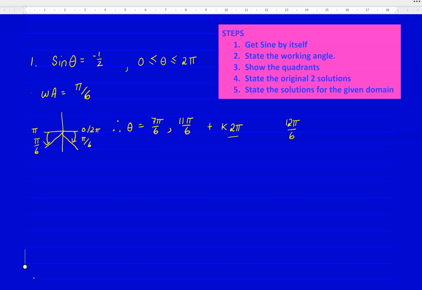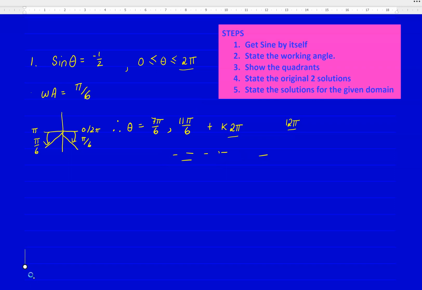So if I add 12 pi on 6 to this one and to that one, I'm going to be out of my domain, because 7 pi on 6 plus 12 pi on 6 gives me 19 pi on 6, and that is greater than my 2 pi here. Okay, so for this one we are done.